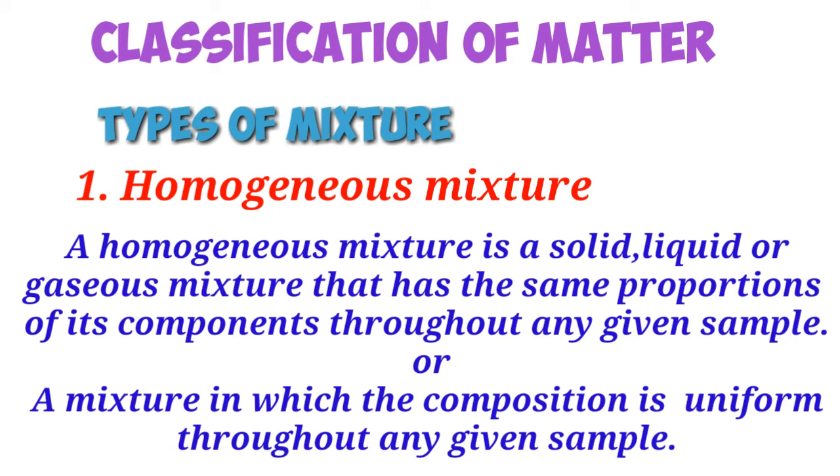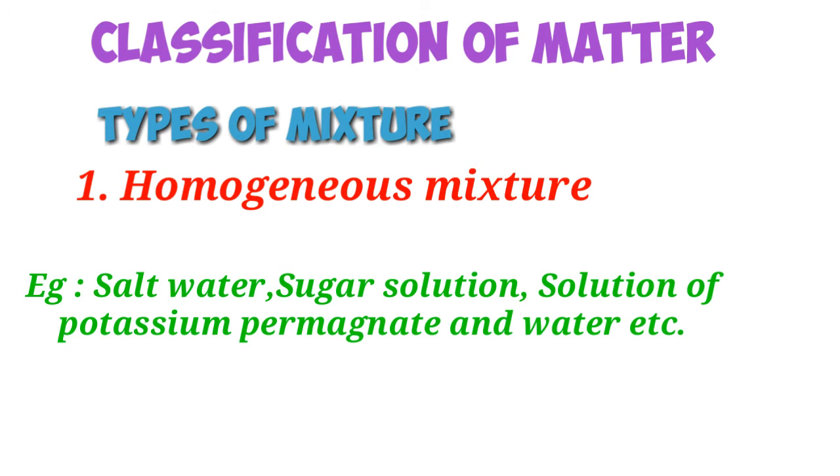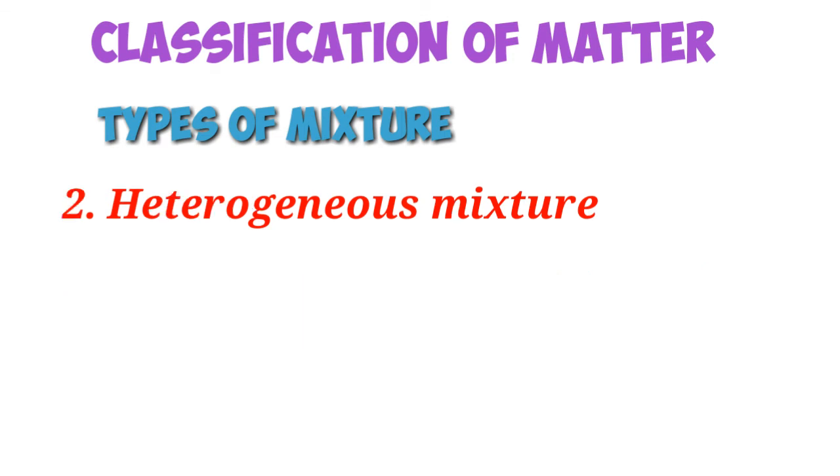For example, salt water. Because the dissolved salt is evenly distributed throughout the entire salt water sample, it is considered as homogeneous mixture. Another example is sugar solution or a solution of potassium permanganate in water, etc.